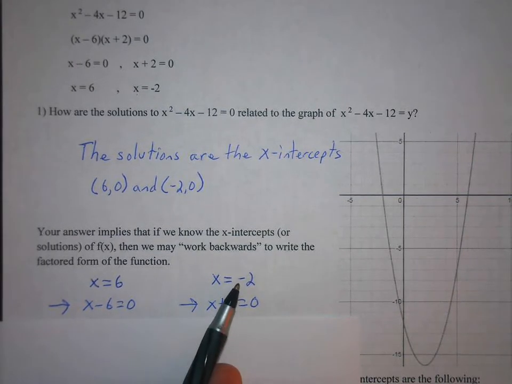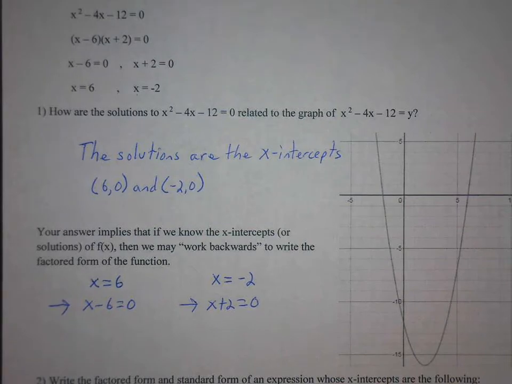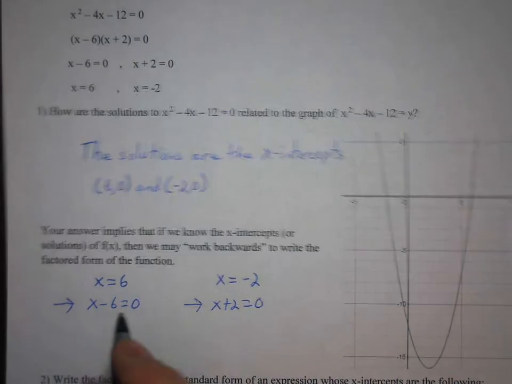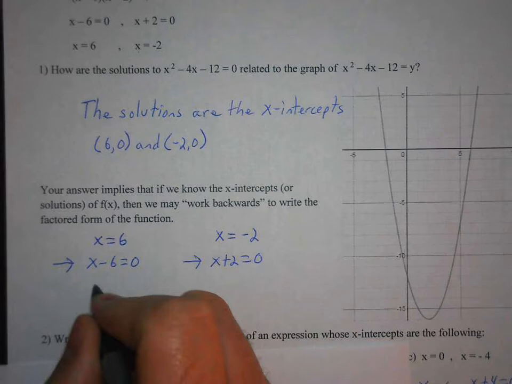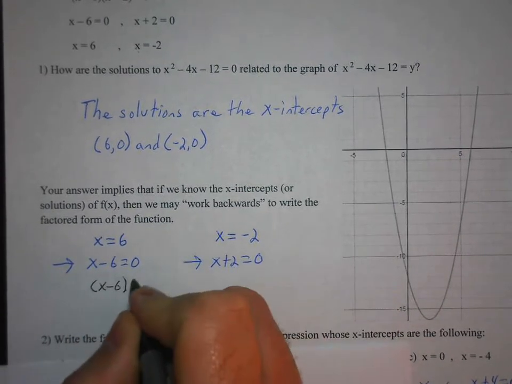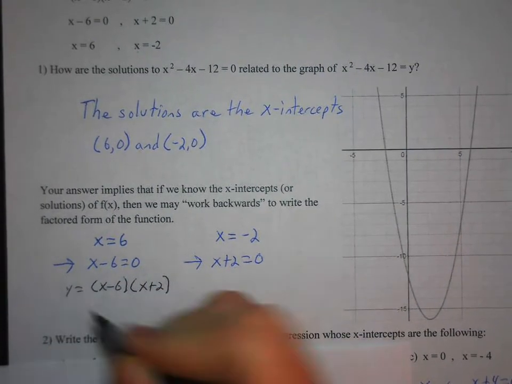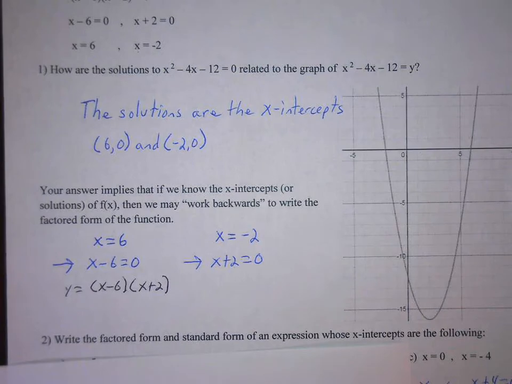If x equals negative 2 was the solution, we know that x plus 2 was the previous step. And that step, going backwards, told us the factors. So we can use x minus 6 as one factor, and x plus 2 as the other factor. So we know that is the factored form of the graph that we're given.